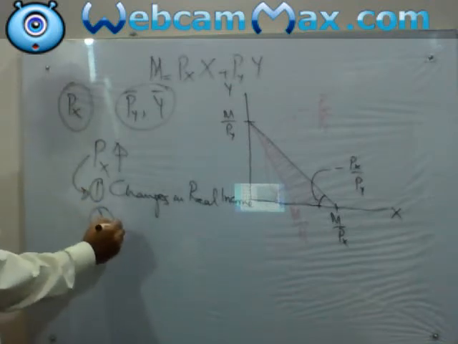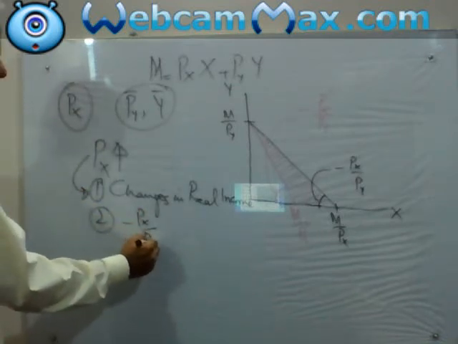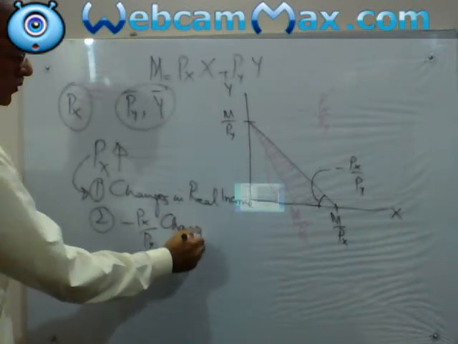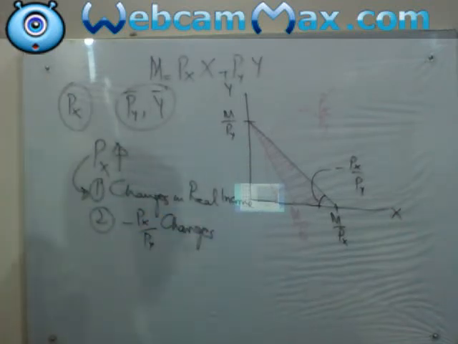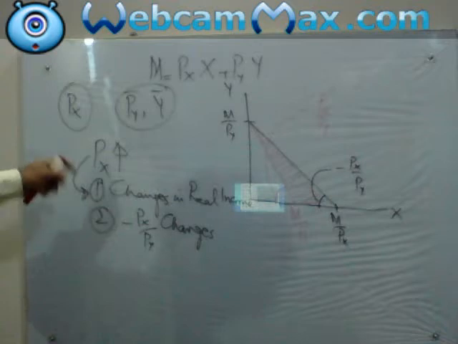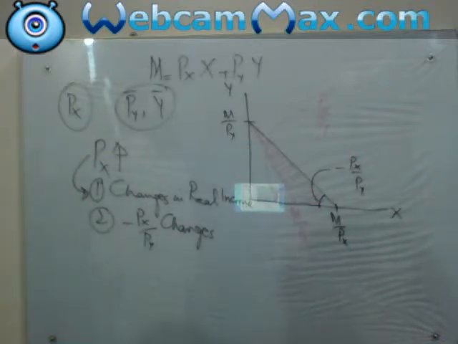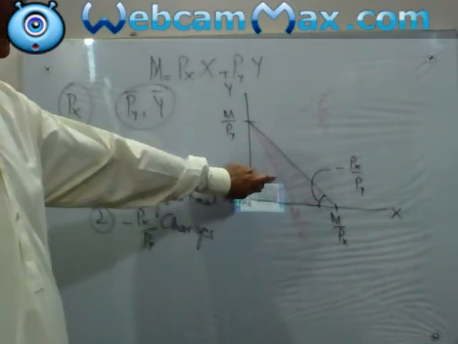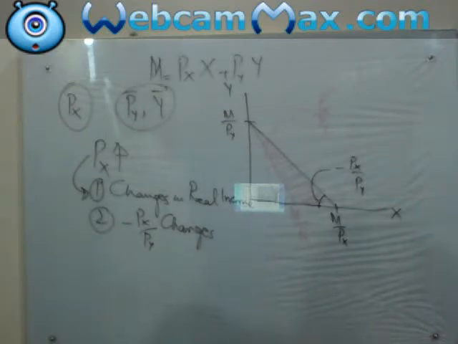The second thing is that px over py changes. So what we are going to do, we are going to take these two changes and analyze how the consumer's optimum is going to be affected due to the increase in price of x. Okay, now let me draw the diagram first, and then I will explain it to you step by step.